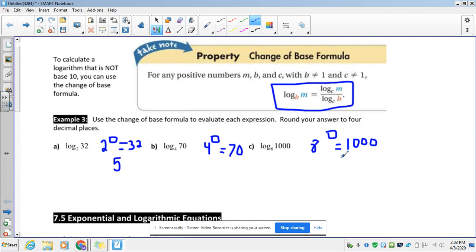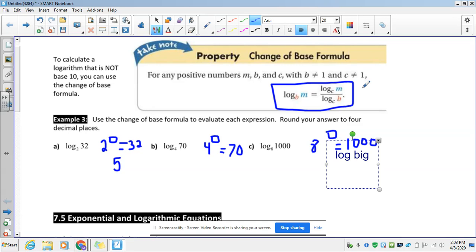So that's where the change of base formula comes in. So I look at this as log of the big, notice that's on the top. So you can kind of say log big over log small, or the log of the base, let's put that small number.